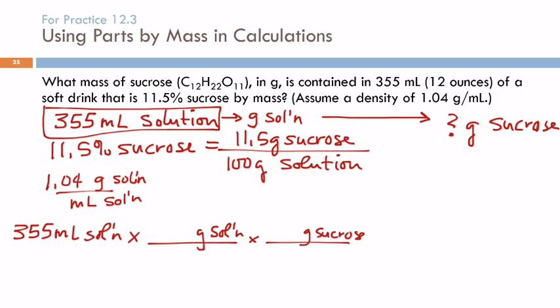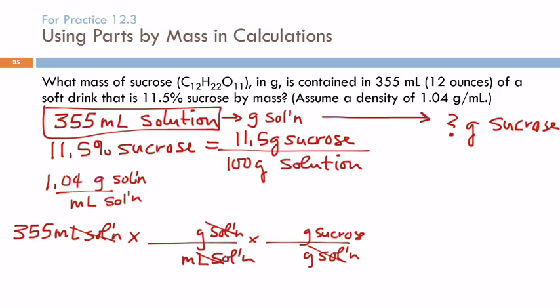And then I want units to cancel out, so I take milliliters of solution and I write it down here. So those are going to cancel out. And then I have grams of solution down here, so those can cancel out. Got all the units worked out. Now I put the numbers in. It's really, really important to put the units in there, okay? And when you have 2 different things, like here we have grams of solution and we have grams of sucrose, you need to label grams of what?